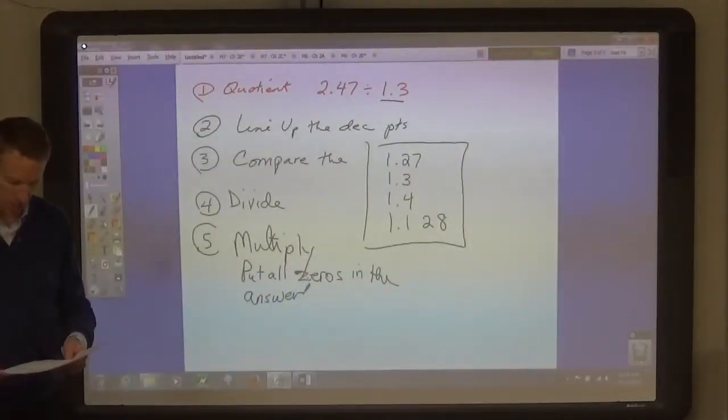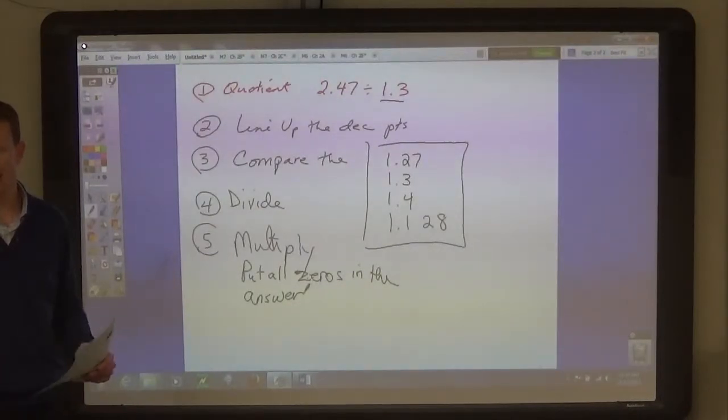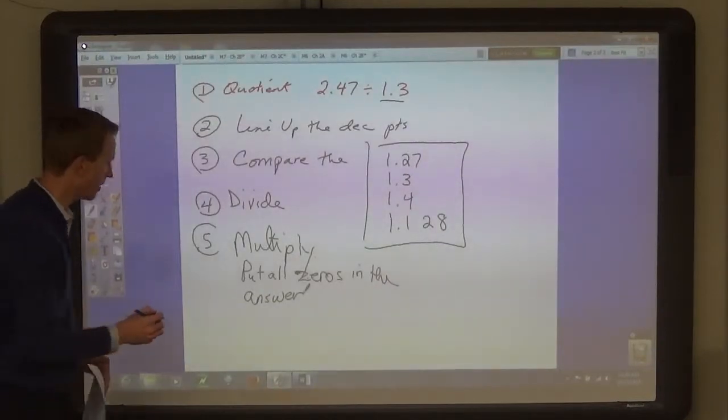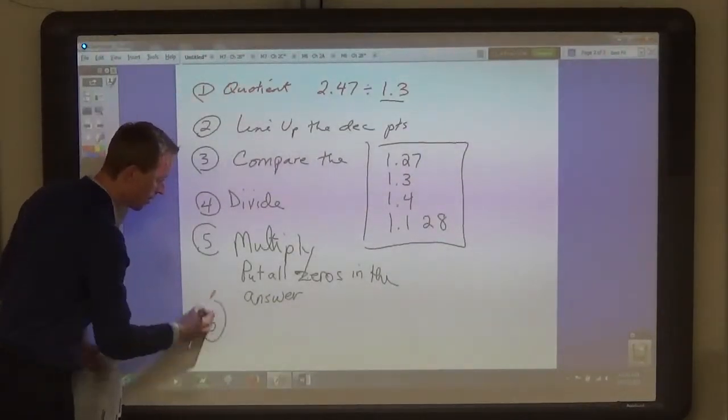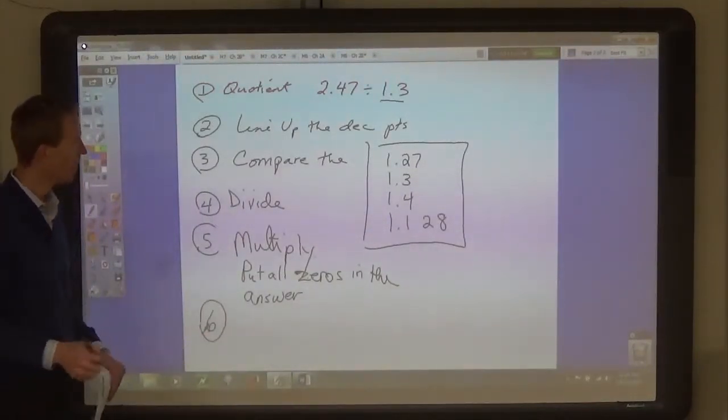What is the difference? Should you estimate when it says what is the difference? No. The difference is just an answer to a subtraction problem. So make sure you line up the decimal points in number 6. Line up the decimal points. Number 7.